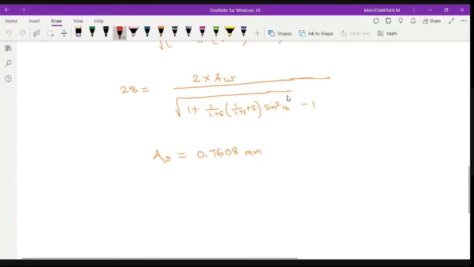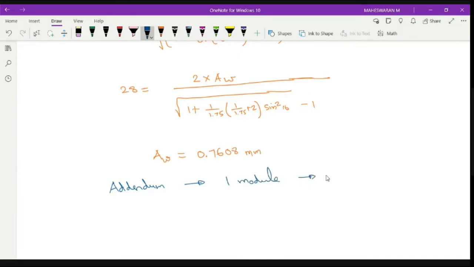So this addendum is very important. The addendum we identified here is for one module, right?